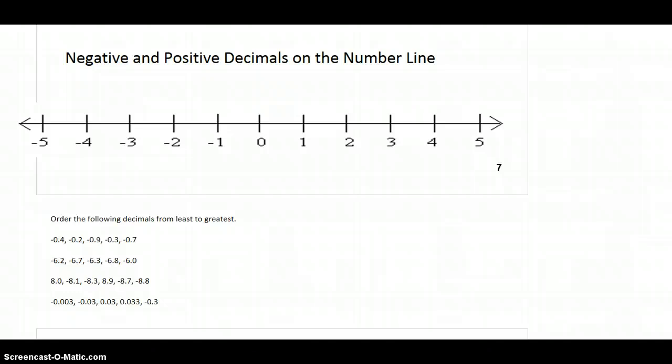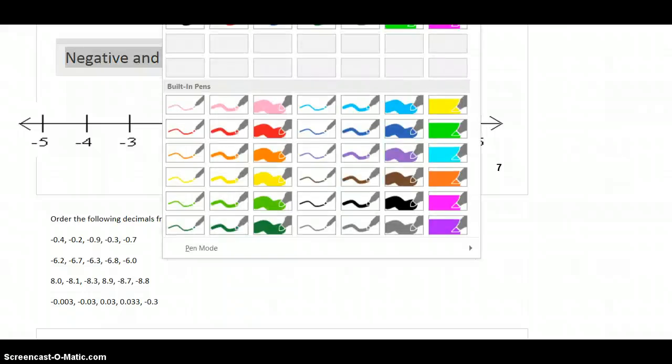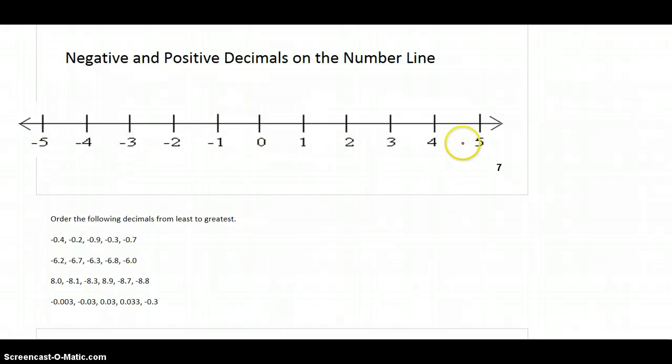Next, we are going to talk about negative decimals. So let's think about where decimals lie on our number line. Where do you think they lie? If you think they lie in between the whole numbers and the opposite of the whole numbers, the integers, well, these are all integers, then you're correct. So right in here is a decimal, right in here is a decimal.